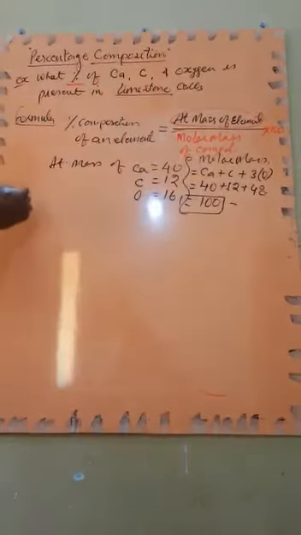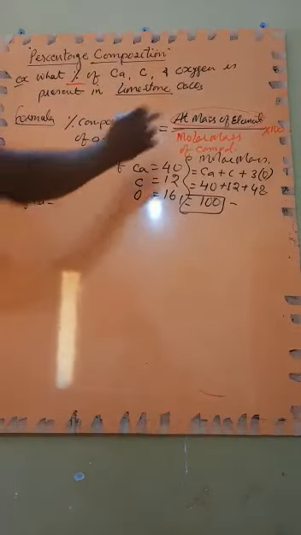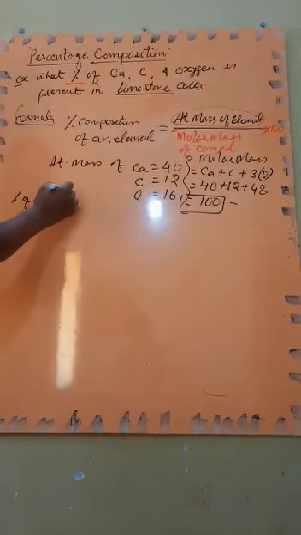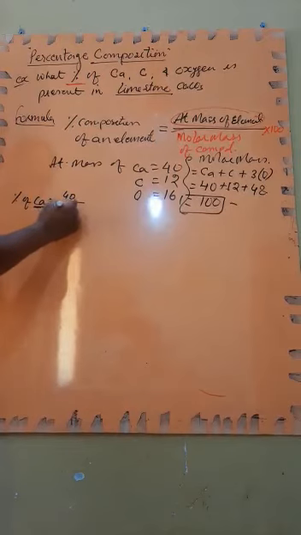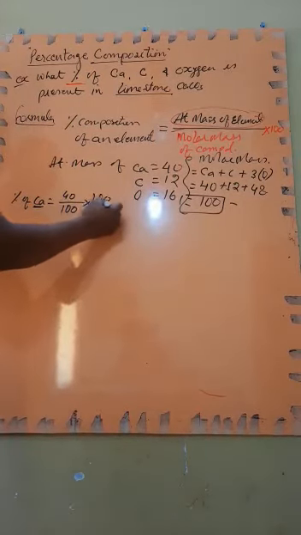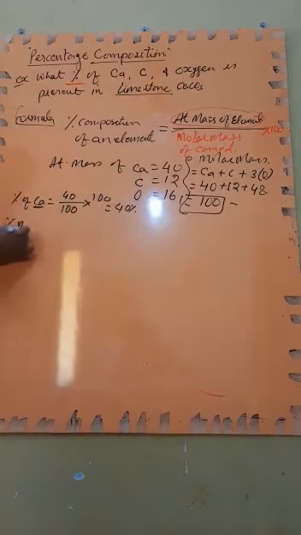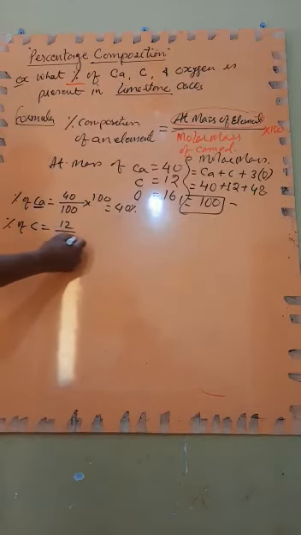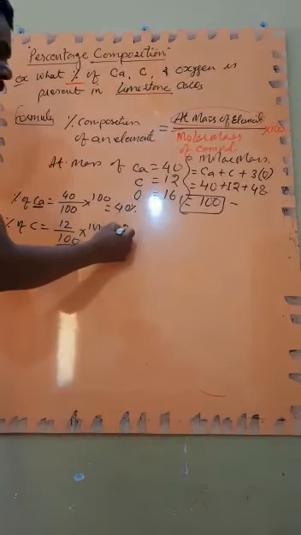Now start placing values. Percentage of Ca is equal to the atomic mass of the element, 40, divided by the overall molar mass 100, multiplied by 100. So it is equal to 40%. Percentage of carbon is 12 divided by molar mass 100 multiplied by 100, which is 12%.